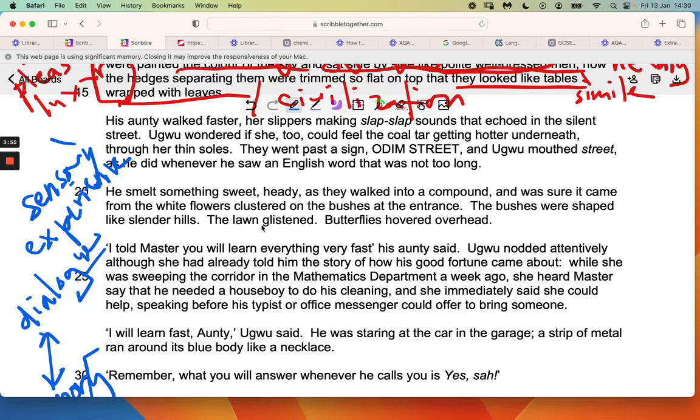And then again, the lawn is glistening and butterflies are hovering overhead. So all of this description connects to his sense of excitement and inspiration. And all you have to do is say something about the sensory detail and description, or just pick out the words that show it. Sweet, heady, lawn glistened, butterflies hovered, and you could explain each of those words and you get your marks for that.